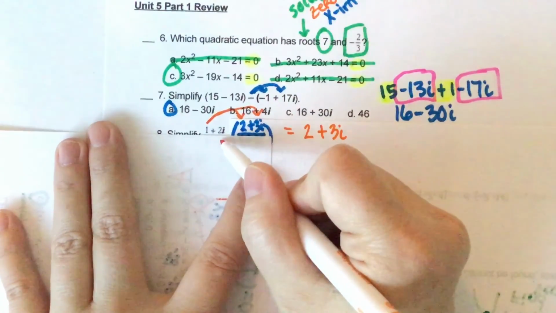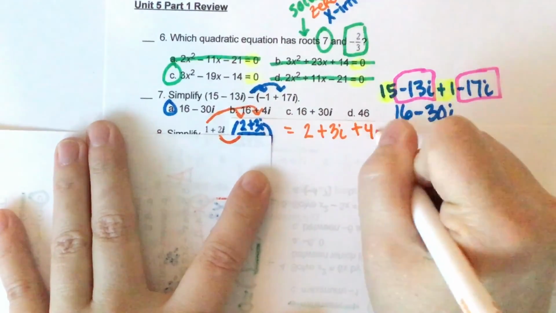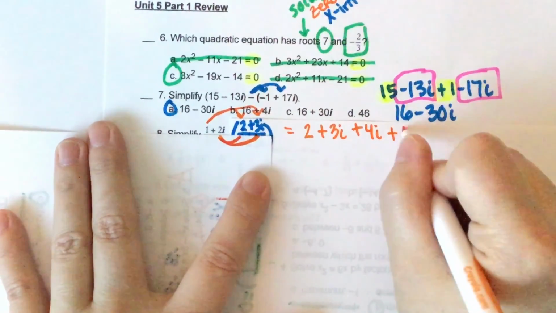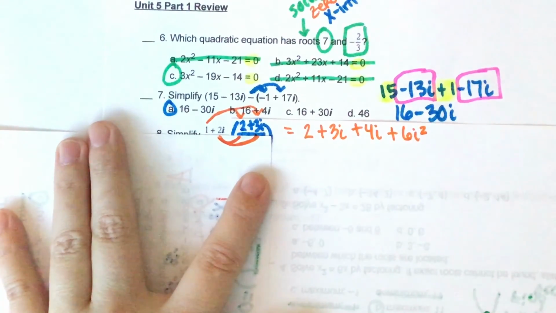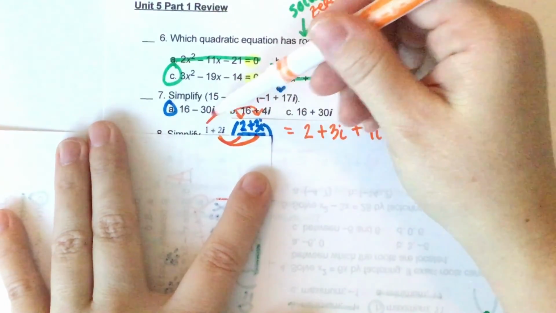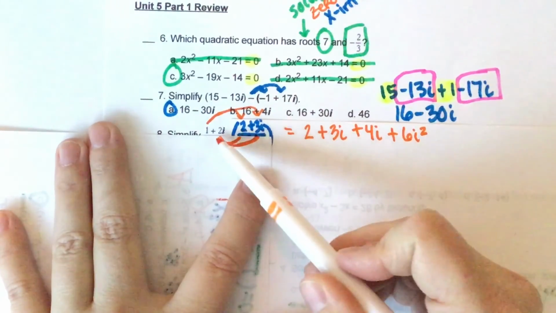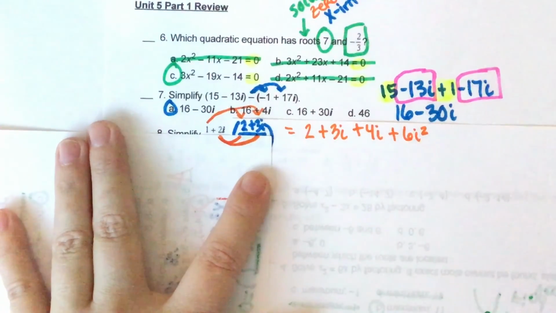Then I'm going to distribute the 2i. 2i times 2 is 4i. And 2i times 3i is 6i squared. So you're foiling here or double distributing. So you distribute the 1 times both things in the back, and then you distribute the 2i times both things in the back. So I'm going to go ahead and just clean this up.